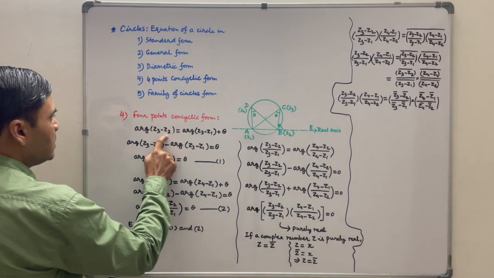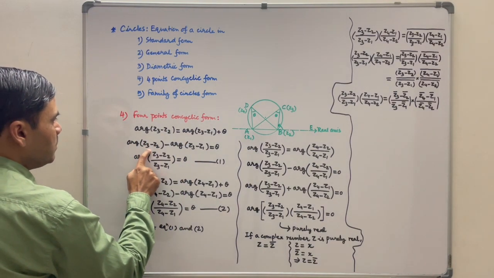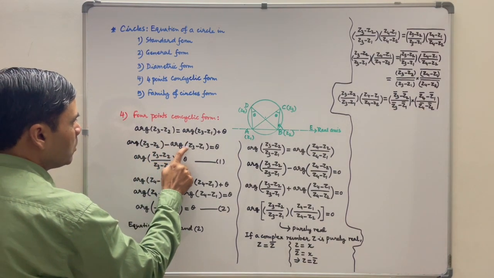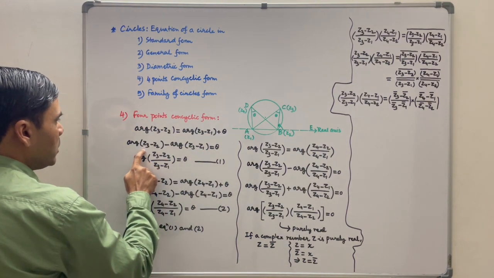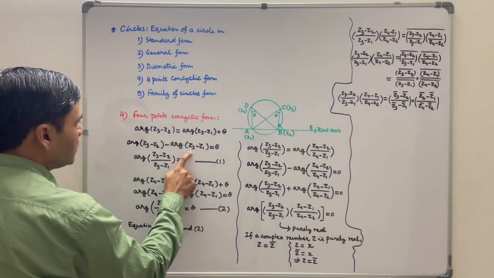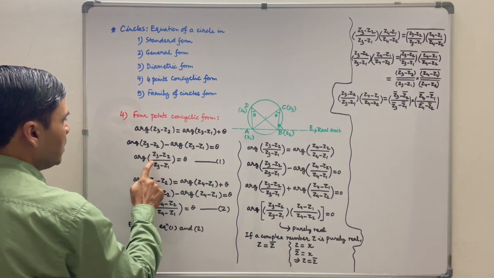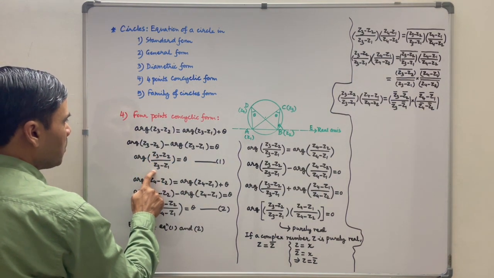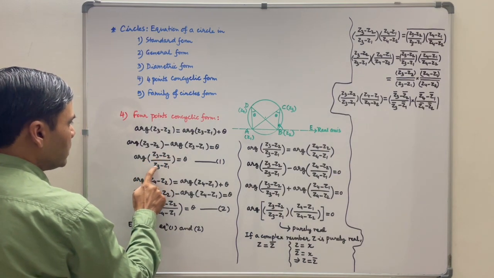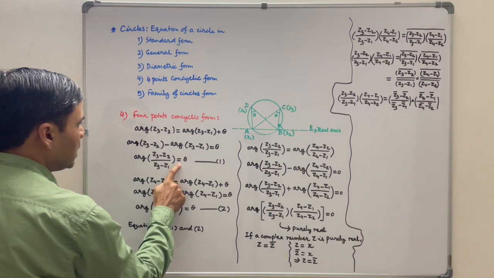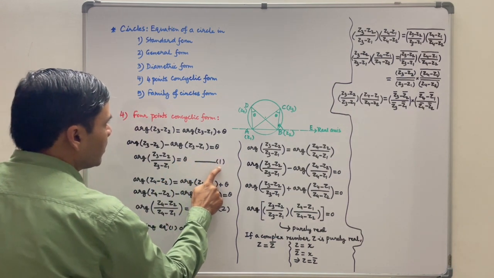Now change the sides. We can write argument of (Z3 minus Z2) minus argument of (Z3 minus Z1) is equal to theta. Argument of x minus argument of y is equal to argument of x by y, using the argument property. So argument of (Z3 minus Z2) upon (Z3 minus Z1) is equal to theta. This is equation number 1.